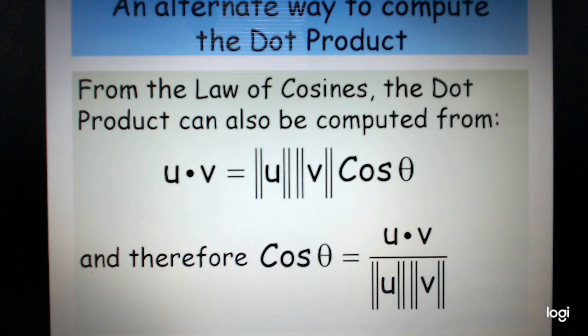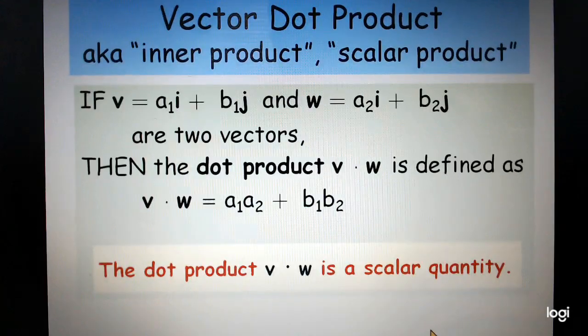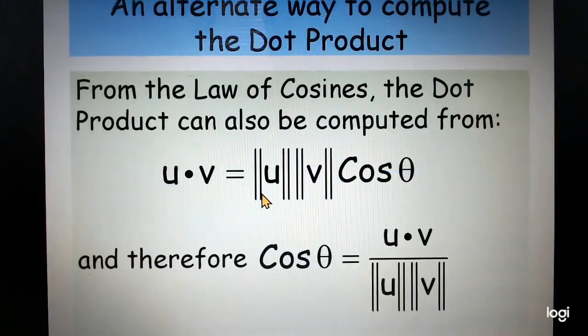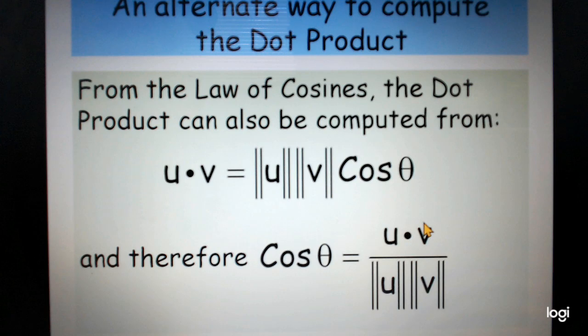Alternate way to compute the dot product. Now, so far, let's go back to the definition, way back in the beginning. Here was the definition of the dot product. It turns out the dot product has a very interesting interpretation. And we get it from the law of cosines.